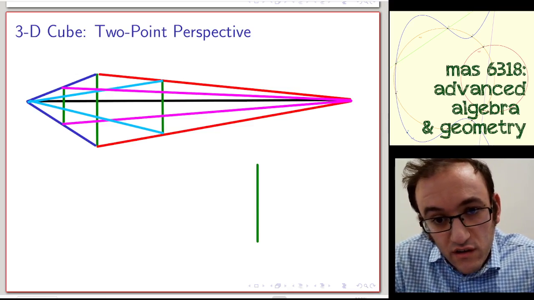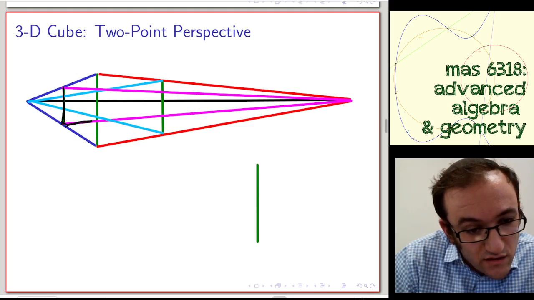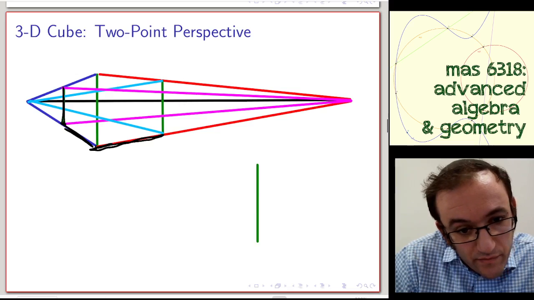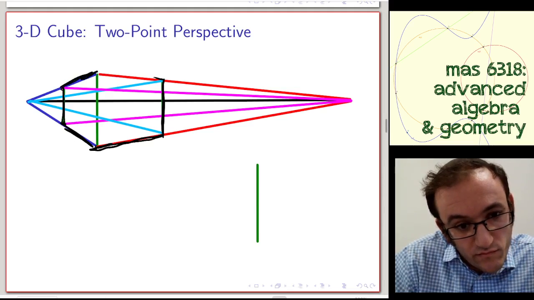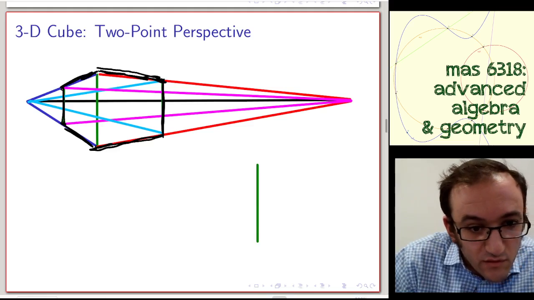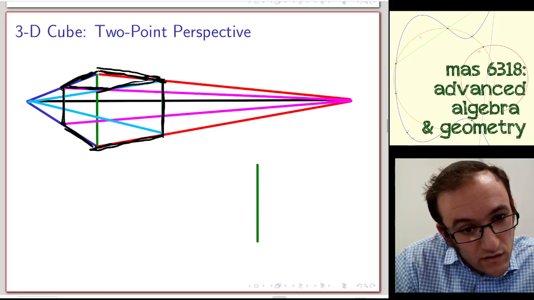And we'll just trace it out in black so you can see where the cube is. So we've got this edge and this edge. Okay, and then we've got this as well, here and here.